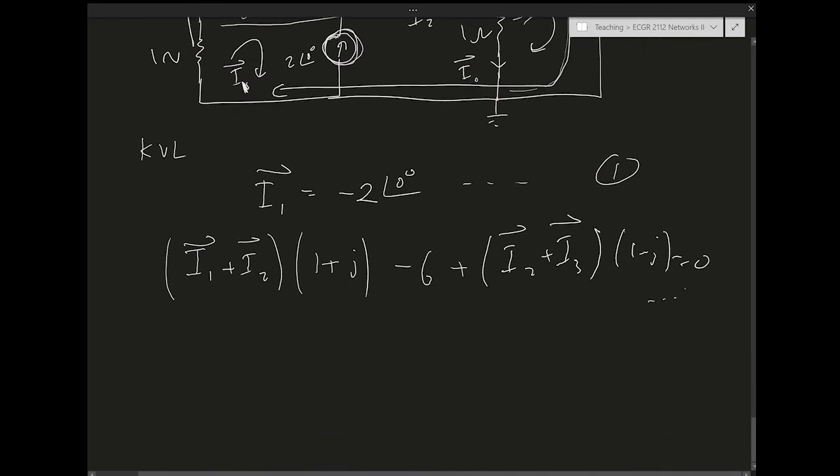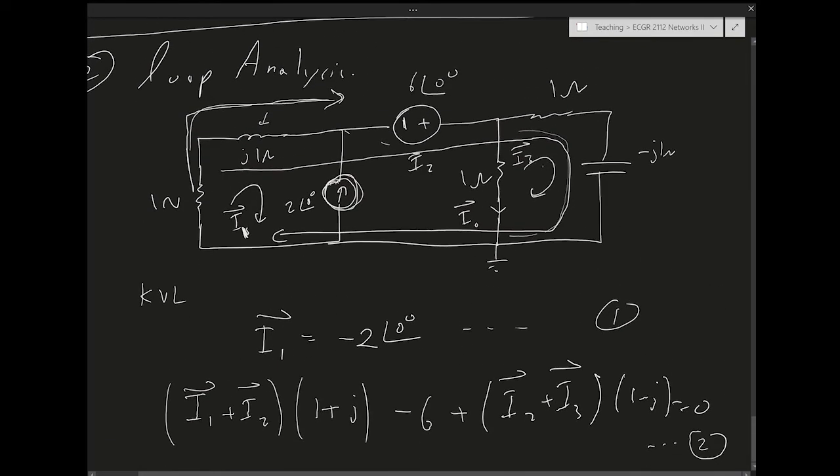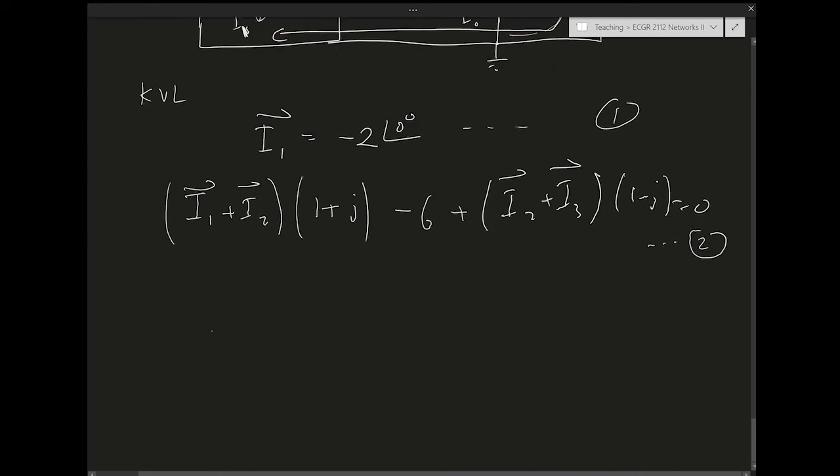So that's equation 2. And I can simplify equation 2 a bit by just putting in the value for I1, right? So I1 is just minus 2. Let's do equation 3 first. So equation 3 is going through this loop. For the 1 ohm resistor, I have just I3 going through it, so that's I3 times 1.